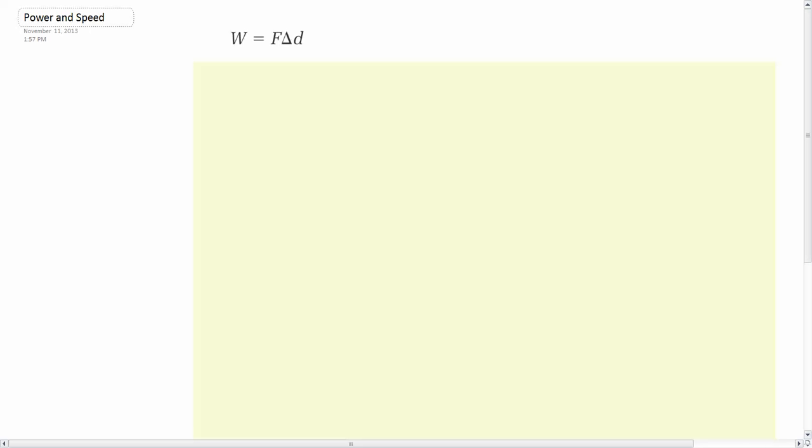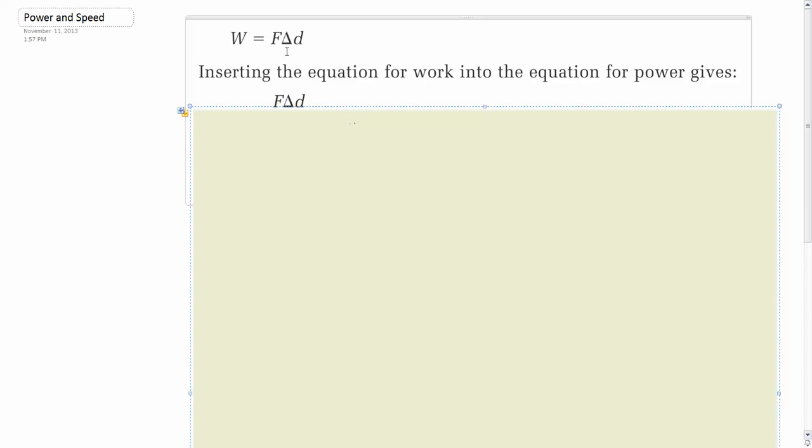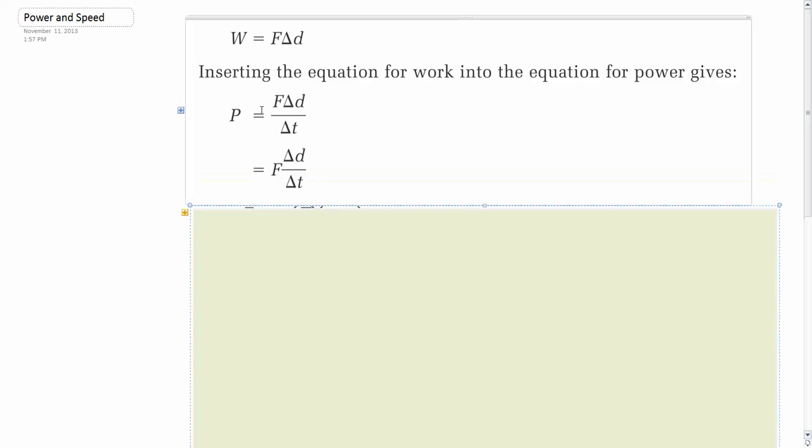Now we want to look at how power and speed are related. Recall that work is equal to force times distance. If we apply that to the power formula, we can insert the work into it. And what we come up with is power is equal to force times distance, all divided by time.